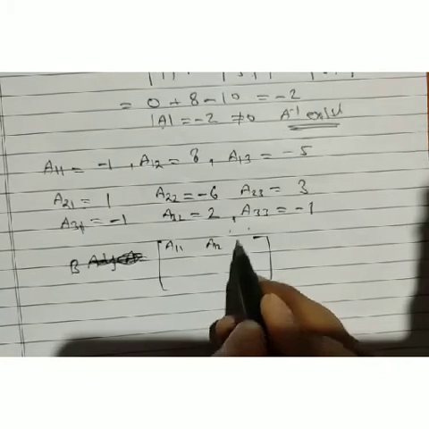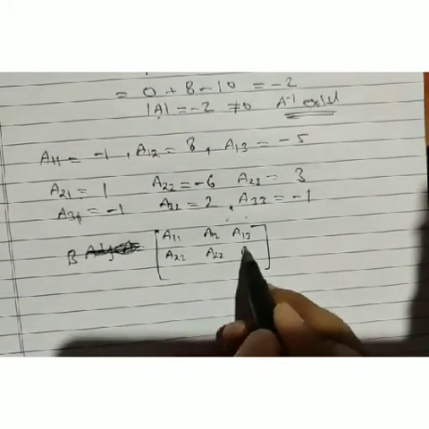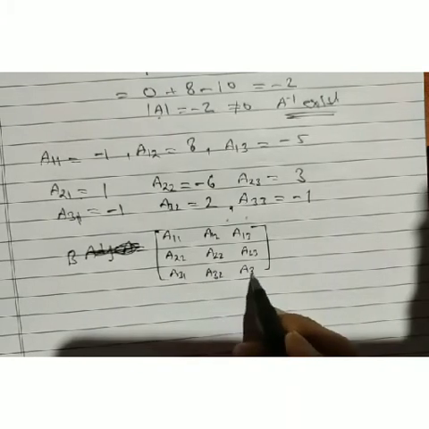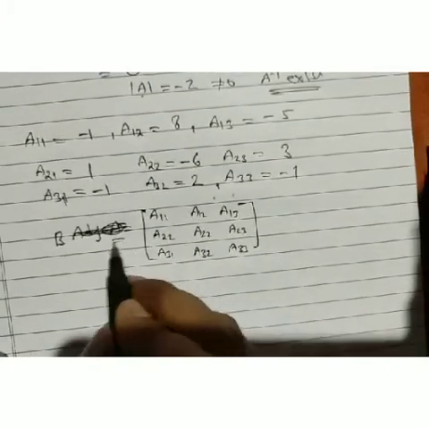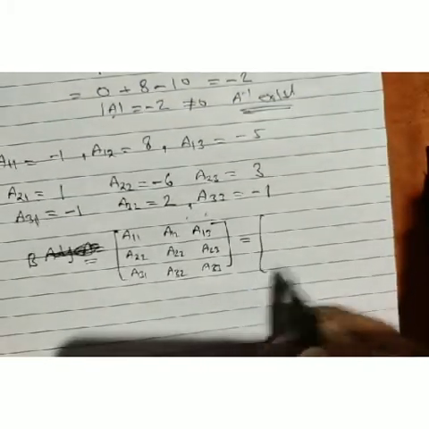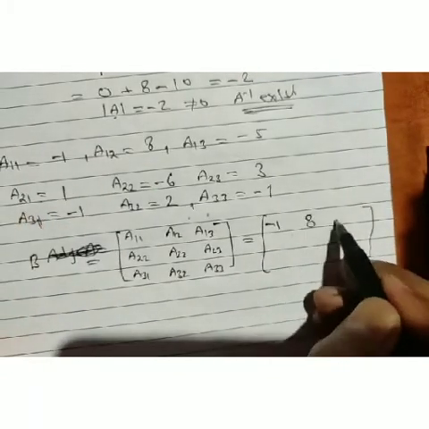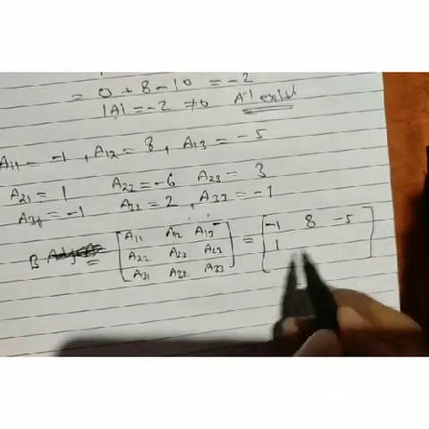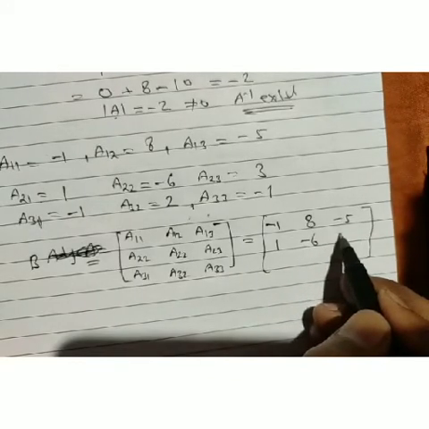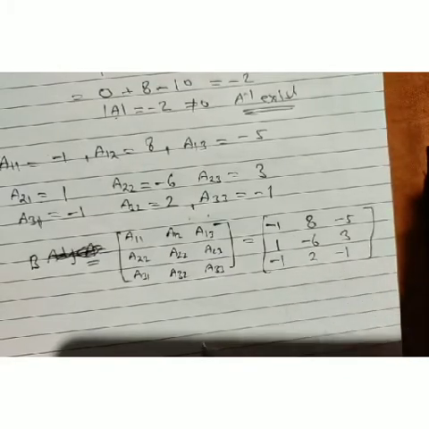A11, A12, A13, A21, A22, A23, A31, A32, A33. This is our matrix B, and this is equal to putting all the values there: minus 1, 8, minus 5, 1, minus 6, and 3, minus 1, 2, and minus 1.